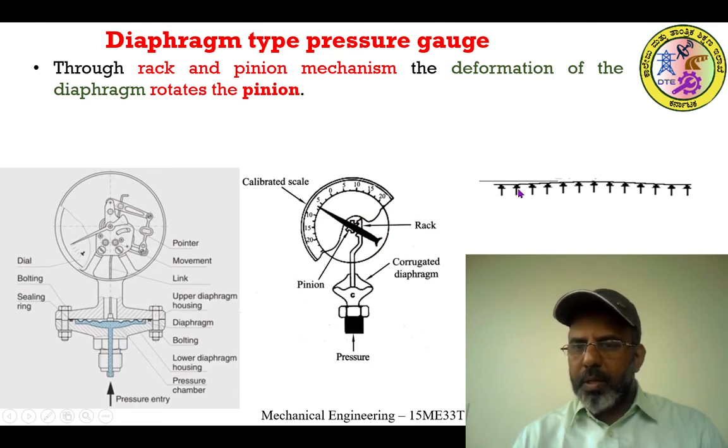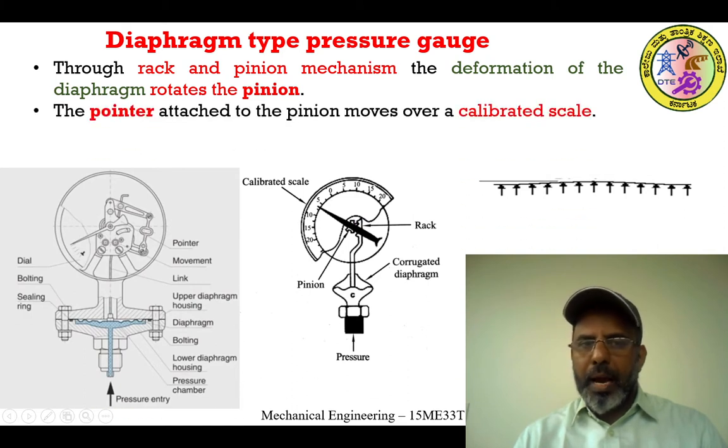You should remember, the deformation of the diaphragm is magnified several times by means of the rack and pinion mechanism. The pointer attached to the pinion moves or rotates over a calibrated scale.